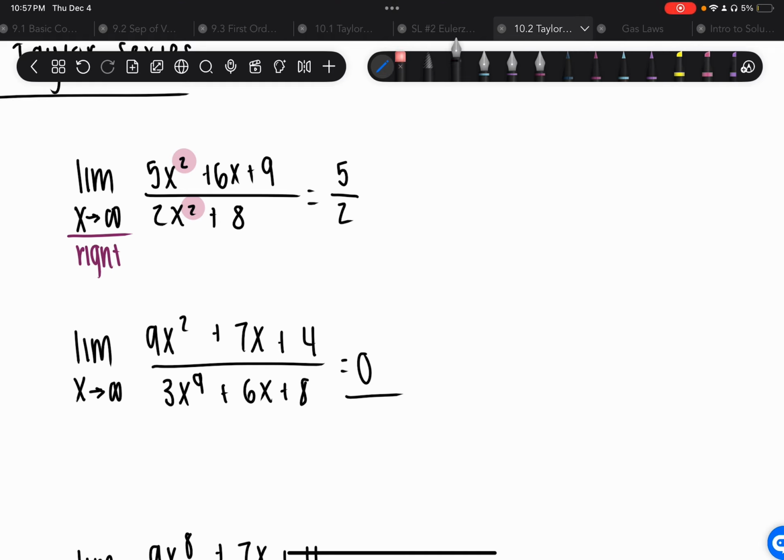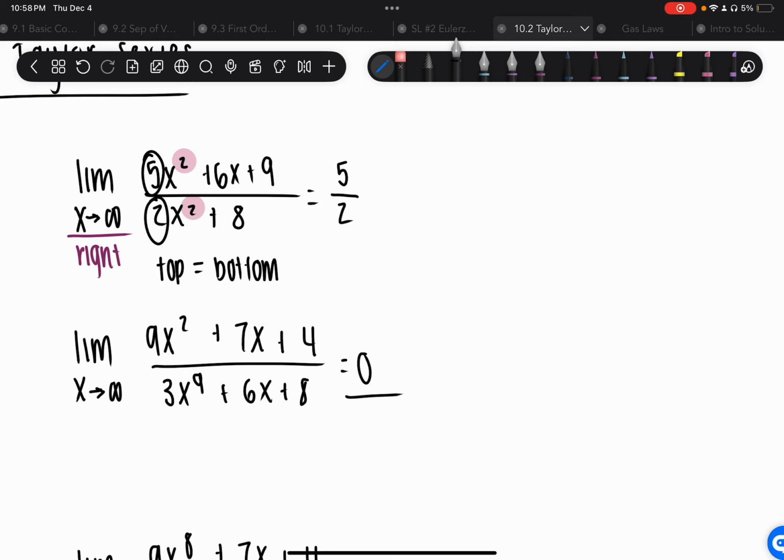And since the power for the first term for the numerator and denominator are the same, our answer is just 5 over 2, which is the first number. And this is when the top equals the bottom, meaning they have the same power.